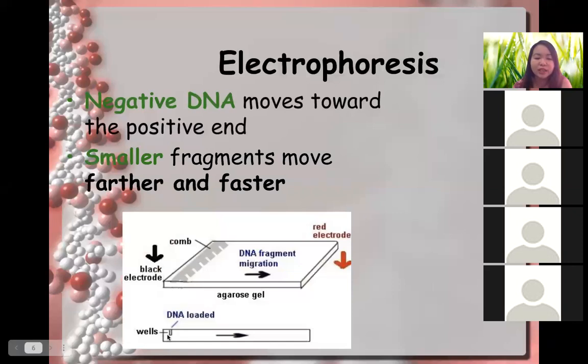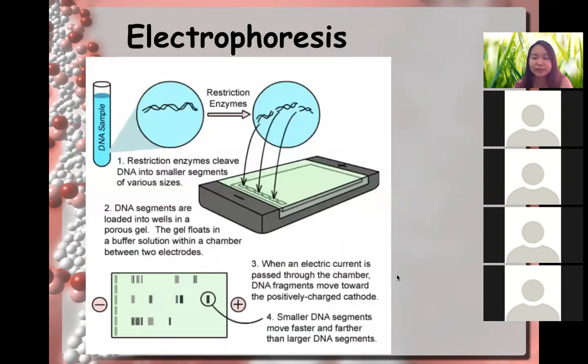If DNA is dropped here, then it will move. The smaller fragments will move farther and faster. You will see a sample result at the end.